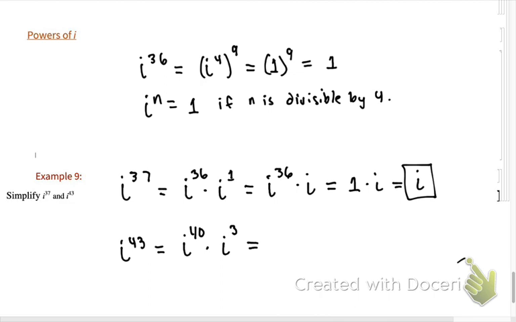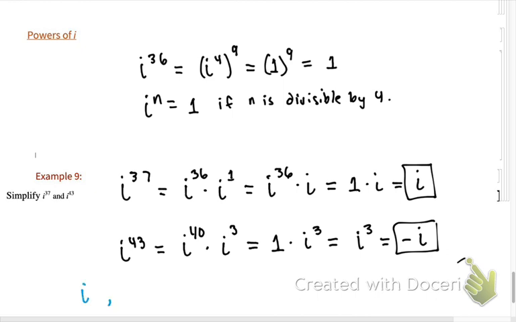And 40 is divisible by 4, so i to the 40th just equals positive 1 times i cubed, and 1 times i cubed is just i cubed, and we just saw that i cubed was equal to minus i.